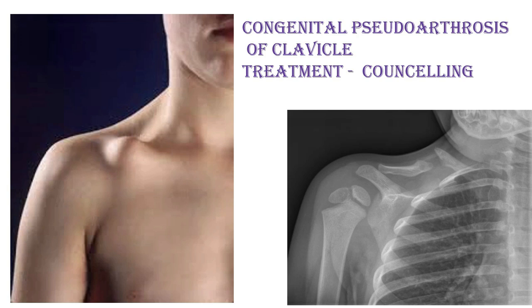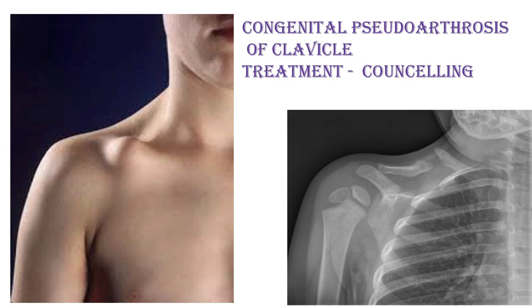Pseudoarthrosis is not only a pathology of the tibia, it may be found in the clavicle also. And treatment is only counseling, because no operative treatment is needed for pseudoarthrosis of the clavicle.